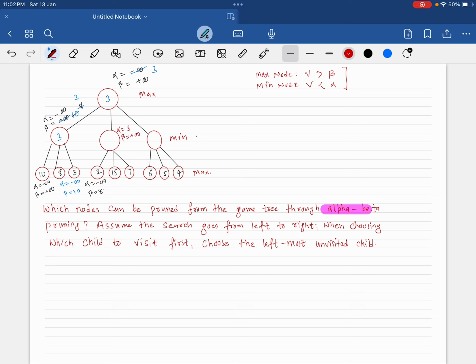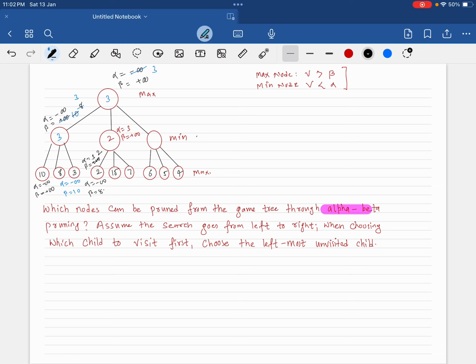We will go left, right? And here for this node, alpha is equal to 3, beta is equal to plus infinity. Again this node is a min node, so it will take the value 2. So beta value will get updated to 2, right?